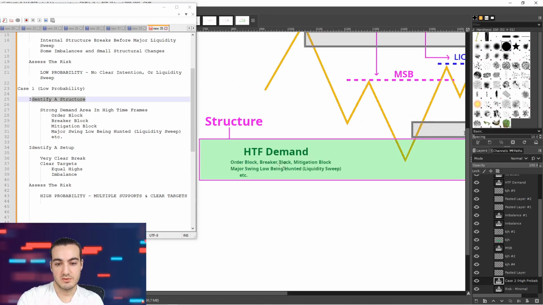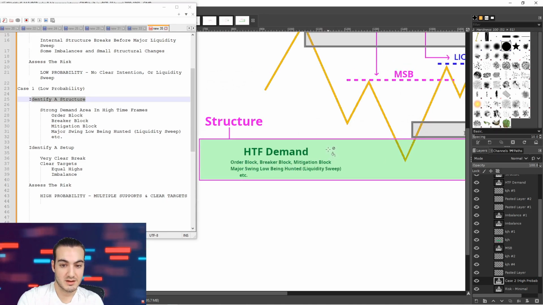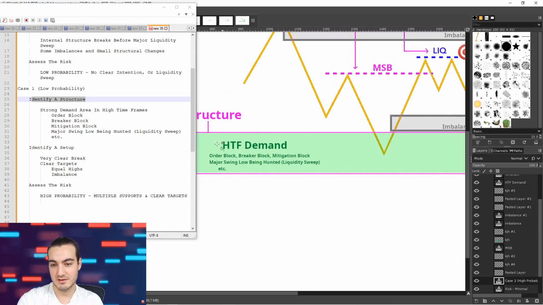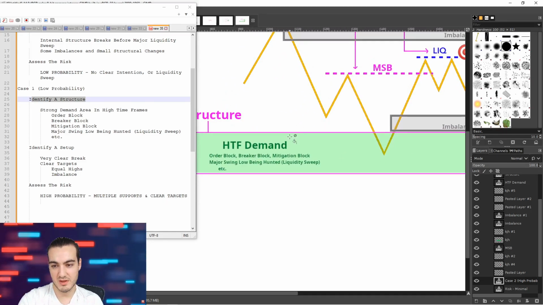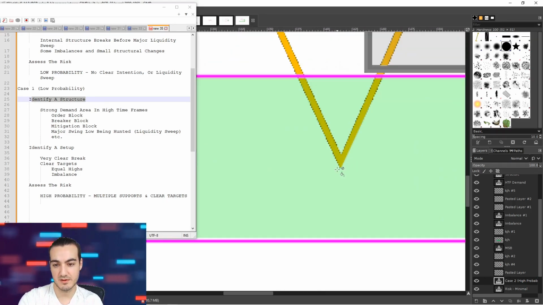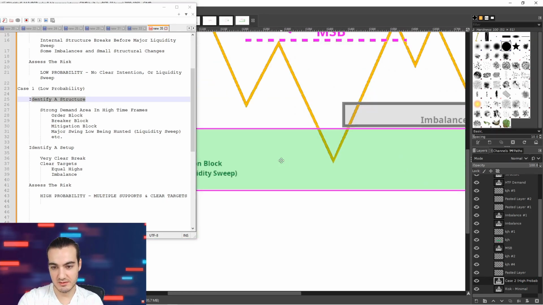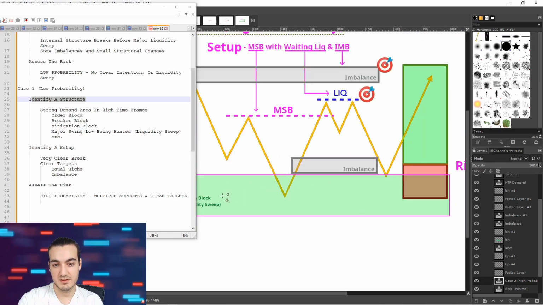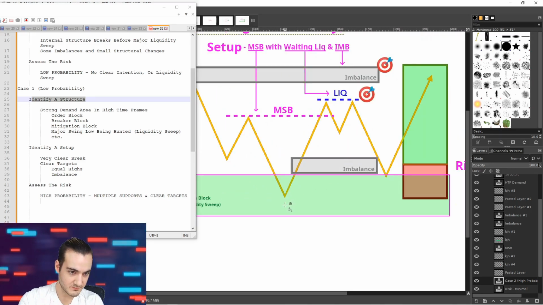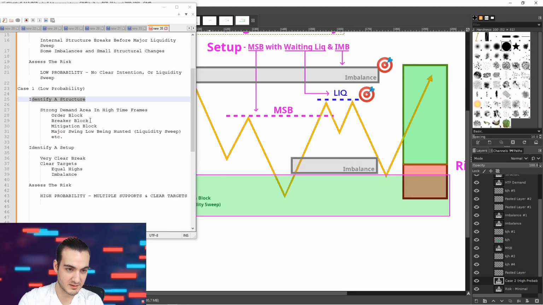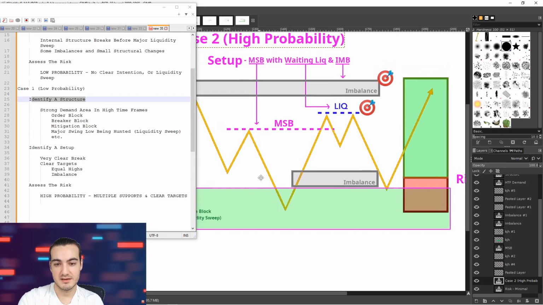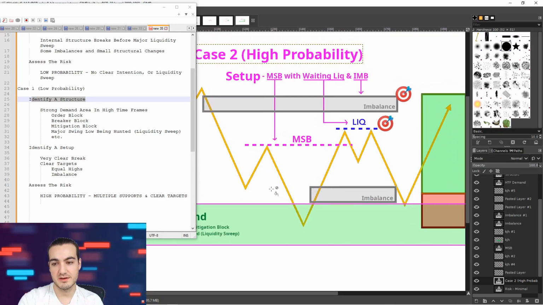This could be an order block, breaker block, mitigation block, a major swing low that's already been hunted. He had that drawn in as a line. I won't include that, but that would be from this bottom here, back somewhere over here. So the liquidity has already been taken out of that area. So that will act as a support for our trade.